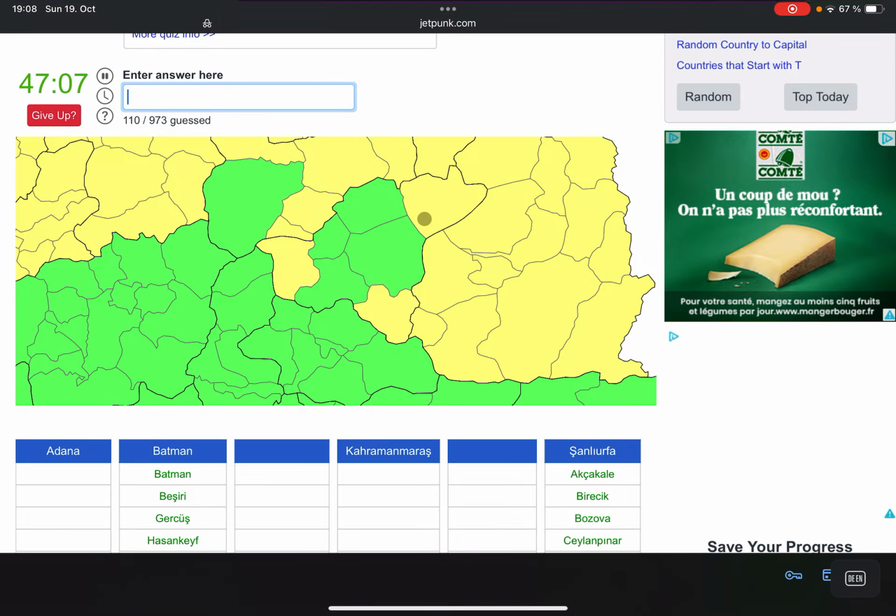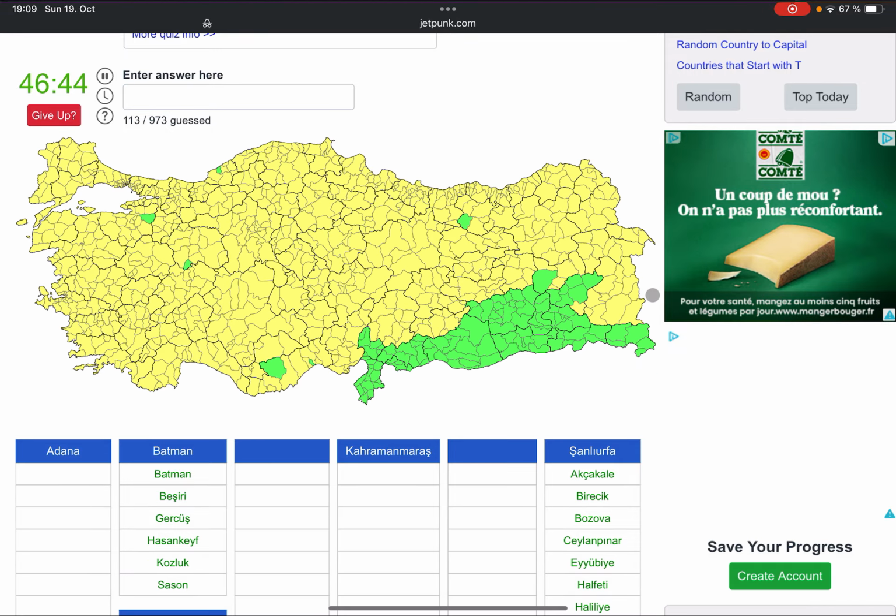But so here we have Adilcevaz. We have this district which I'm blanking on at the moment. So we should have Mutki over there. And this one I'm struggling to remember. Maybe we'll get to it later.